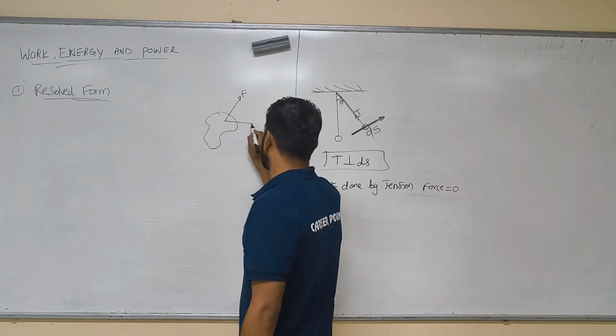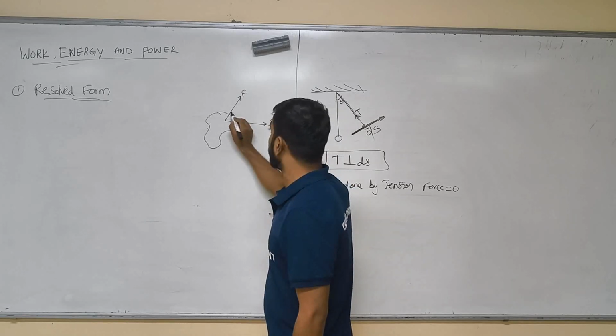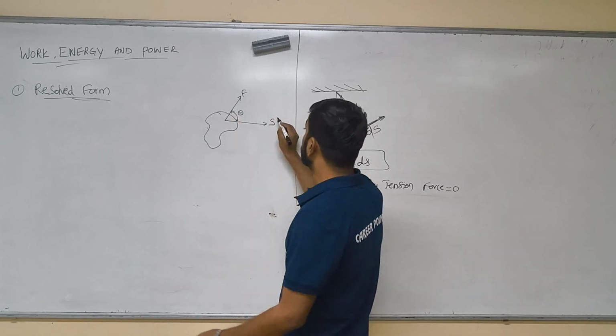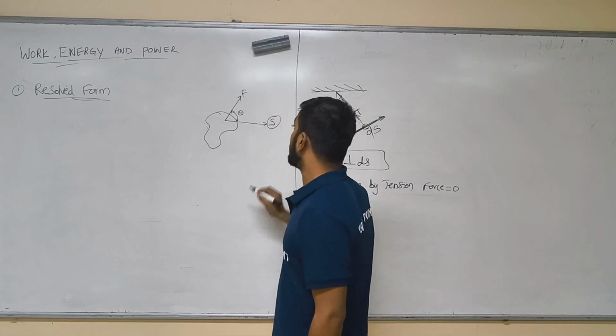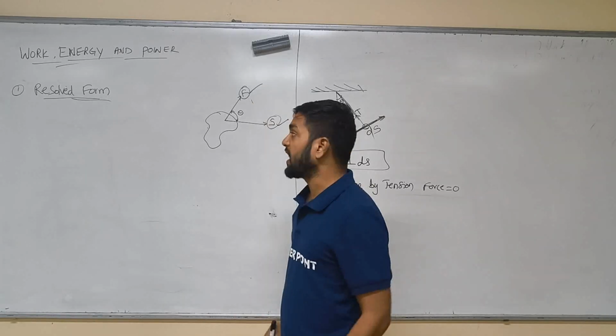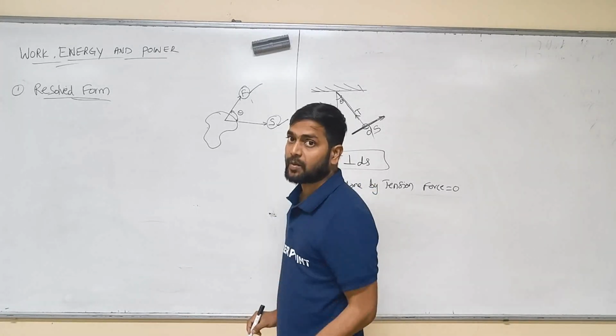Okay. So the displacement is along this direction. So let us take S. The angle between force and displacement S is theta degrees. S is my displacement, F is my force. So we have to write this force in resolved form, and the displacement is also in resolved form.